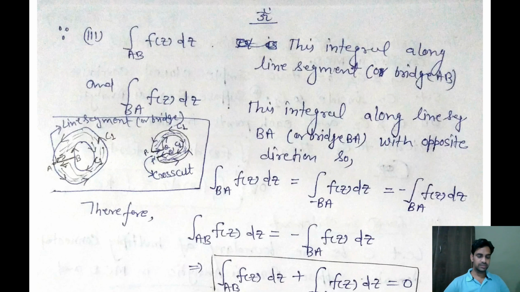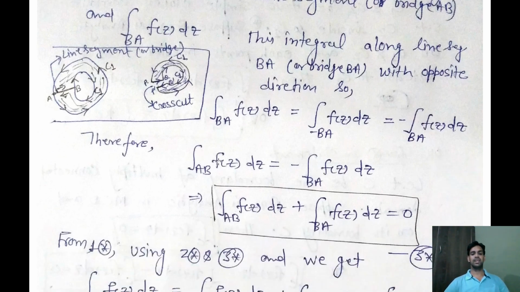Look here, we are going this way, then we come back; we go this way and after that we are returning. This is the reverse order. AB and BA both have the same length. So the integral of f(z) along AB equals minus the integral of f(z) along BA. Taking this to one side, the integral along AB plus the integral along BA equals 0, because the length is the same and we go this way and after that we return. This is reverse order, so one is plus and the other minus. After adding we get 0.